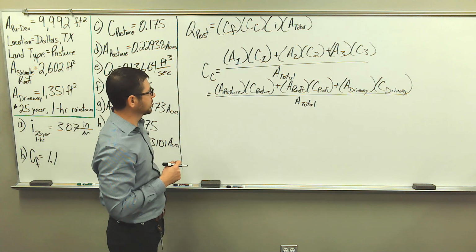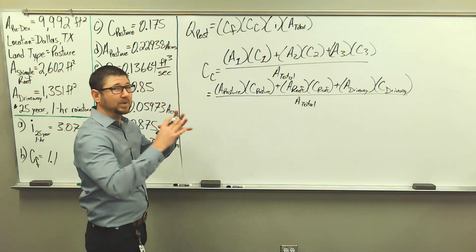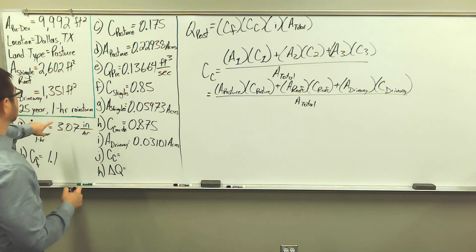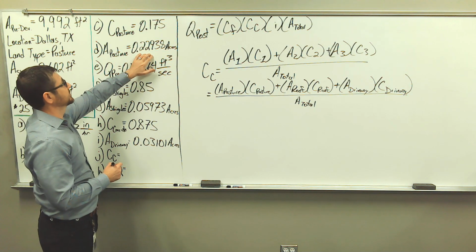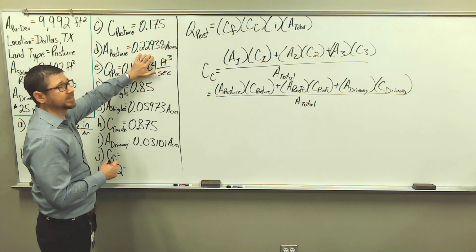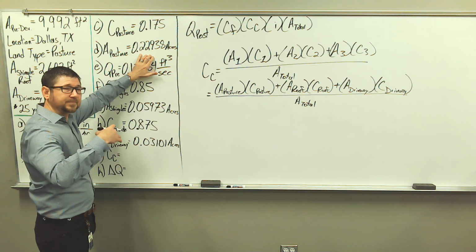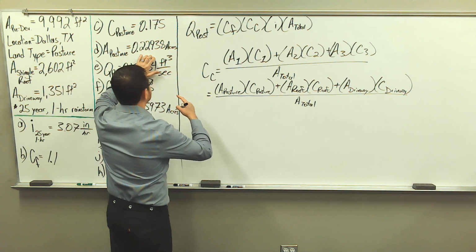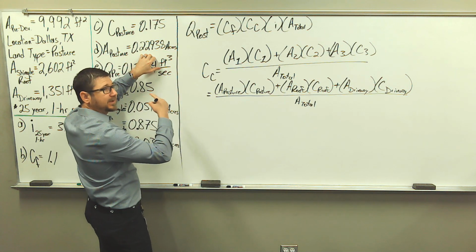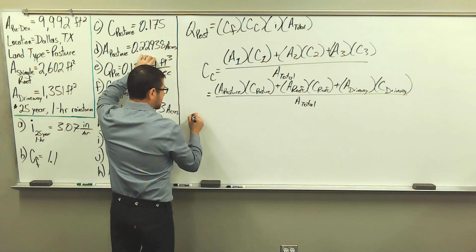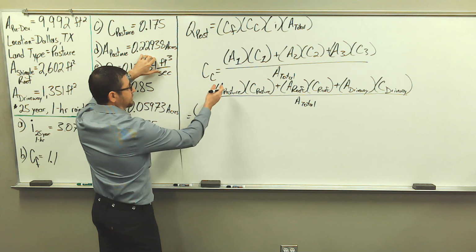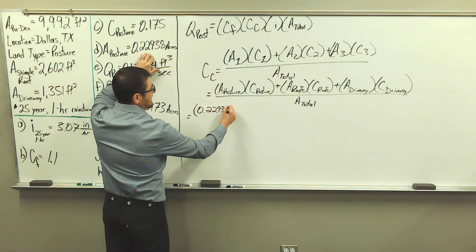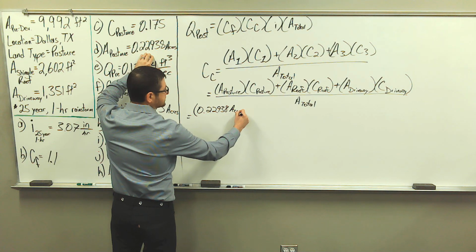So here we go, area of the pasture. We started with 0.22938 acres. But remember, we built a house and a driveway here. So we're going to have to subtract the area for the roof and the area for the driveway. So we're starting out with the area of the pasture, 0.22938 acres.